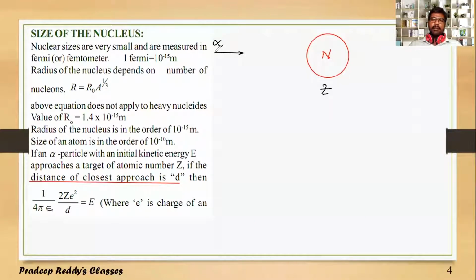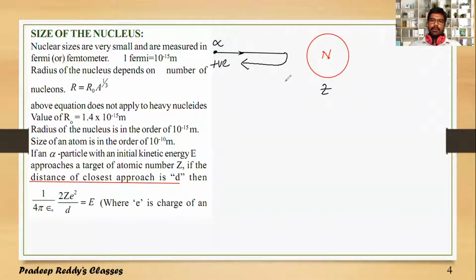The alpha particle is a positively charged particle, and the nucleus too consists of positively charged particles, protons. So as the alpha particle approaches the nucleus, it comes to a certain position, and then from there it returns back.